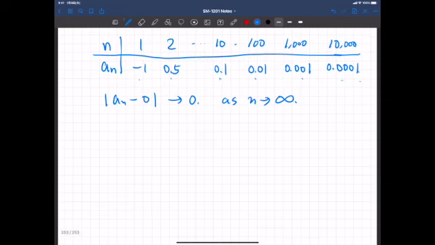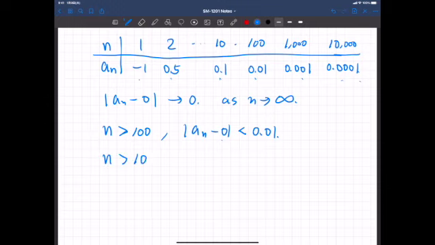For example, if n is greater than 100, then the difference between an and its limit is less than 0.01. And if n is greater than 1000, then the difference between the sequence value and its limit is less than 0.001. So it gets smaller and smaller.